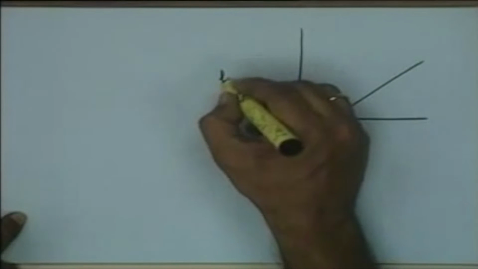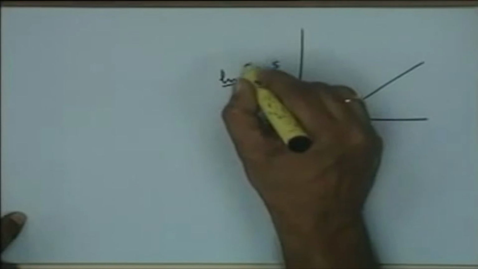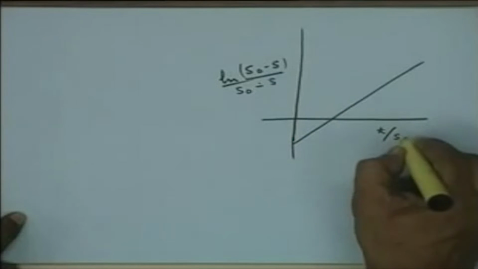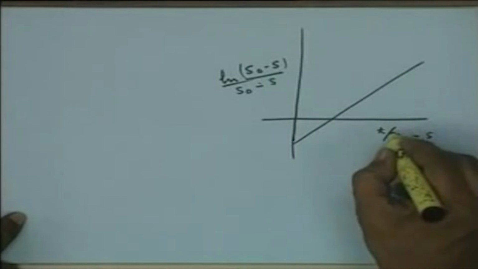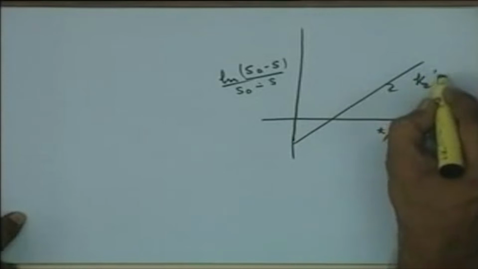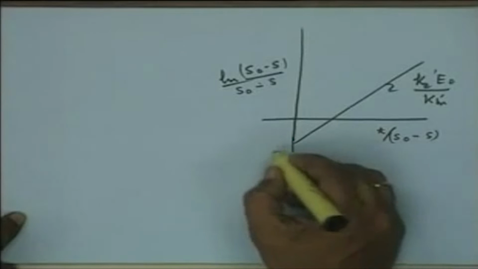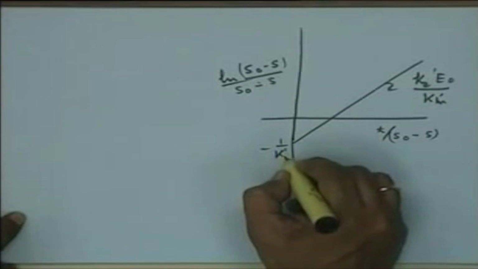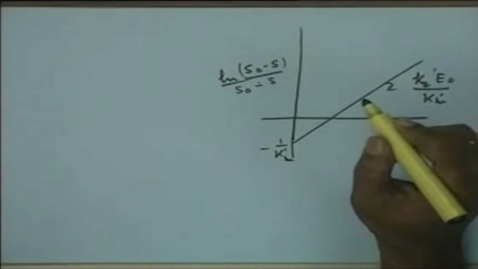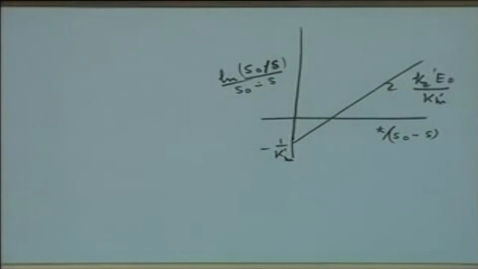Now, if you plot ln S naught by S upon S naught minus S against T upon S naught minus S, you get a slope of K2 dash E naught upon K dash m and an intercept of minus 1 upon K dash m. So, is it ln S naught minus S or ln S naught by S? This is ln S naught by S, right, not the minus thing, S naught by S.